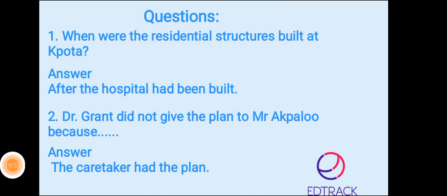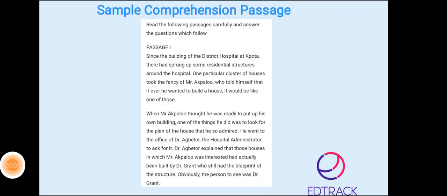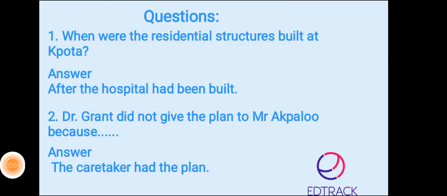In the passage we saw it says since the hospital was built. Let us check that. Since the building of the district hospital at Bota, like since it has been built. So our answer is going to be what? After the hospital had been built. So this is what answers this particular question.